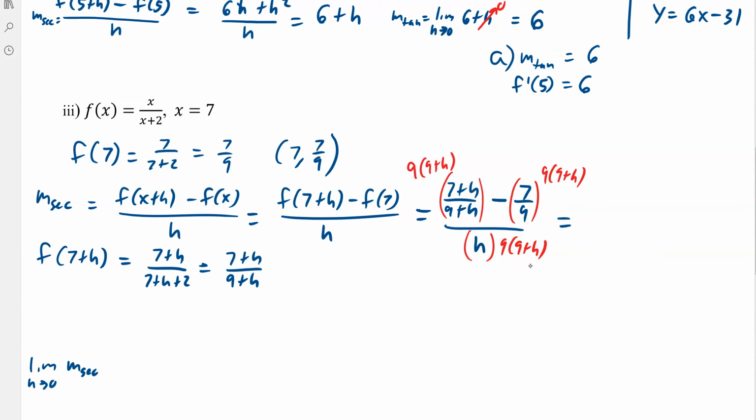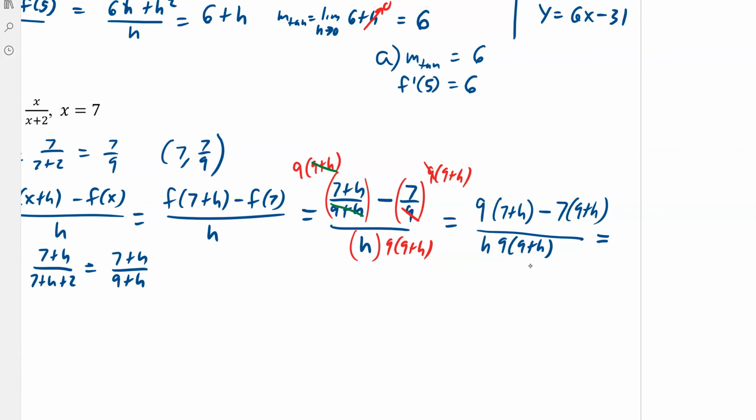And you end up with the 9 plus h cancels. We'll put that in green, cancel, and you end up with 7 plus h minus, and then the 9 cancels, and you end up with 9 plus h all over, and then we leave the bottom alone. Don't touch it, just leave it alone.